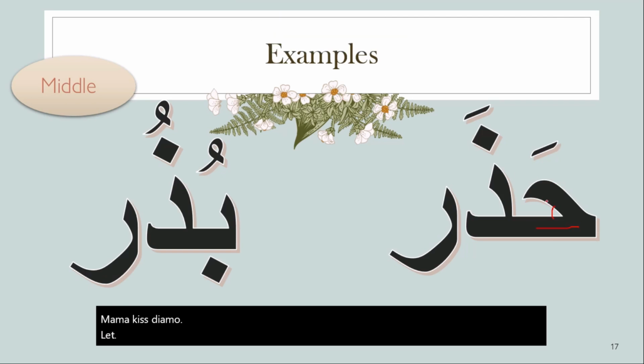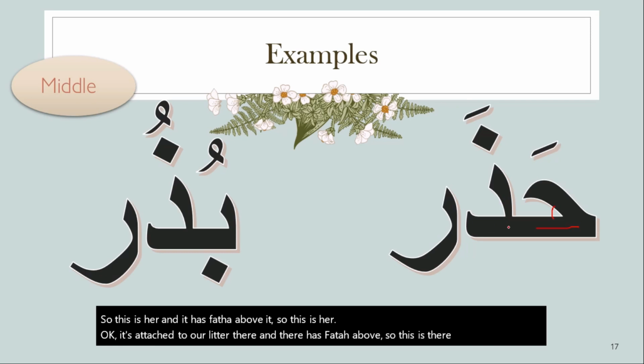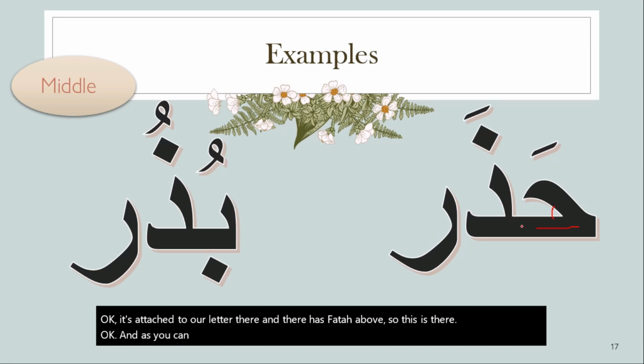It has fatha above it, so this is ha. It's attached to our letter dhal, and the dhal has fatha above, so this is dha. As you can see, it's connected to the letter before and not to the letter after.